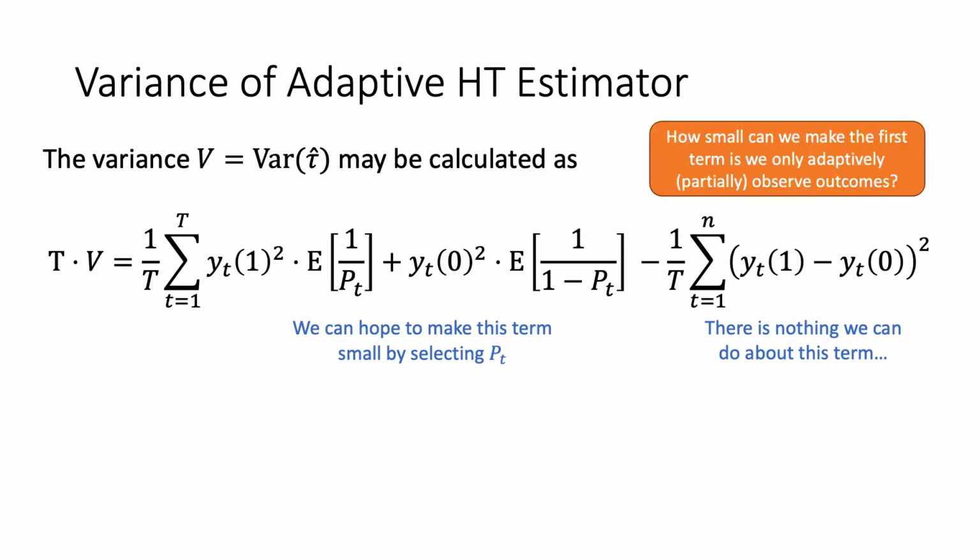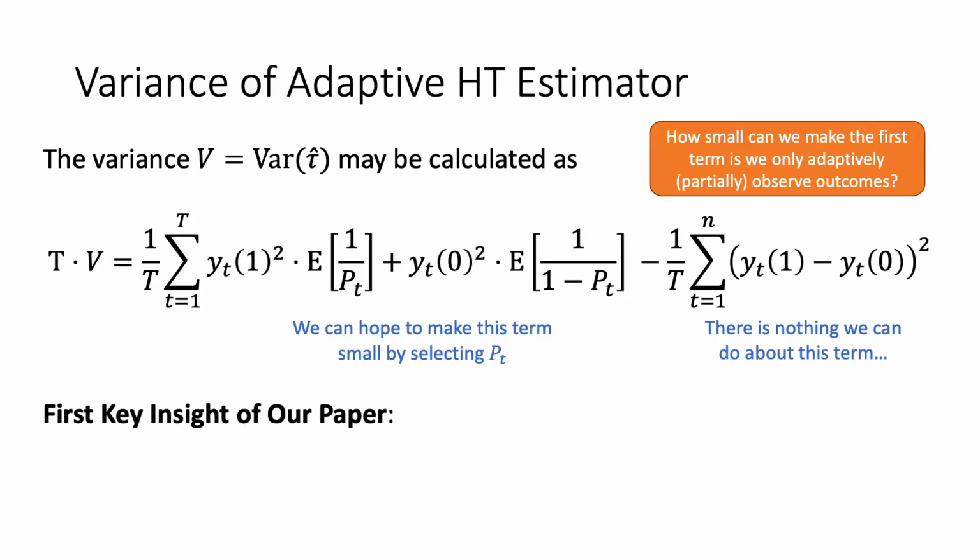But the challenge there is how small can we make this first term if we only adaptively and partially see outcomes? I have to commit to a probability PT before I see the outcome, and when I see the outcome, I only see one of them. Given that this is the setting that we're in, how small can we make the variance here? That's the real question.